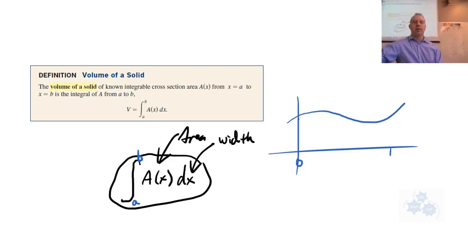We could find, if this is f of x, the height here, and we wanted to add up this figure that looks like it has squares that match the height of the function. Even if the function changes height, we could find this little three-dimensional thing.